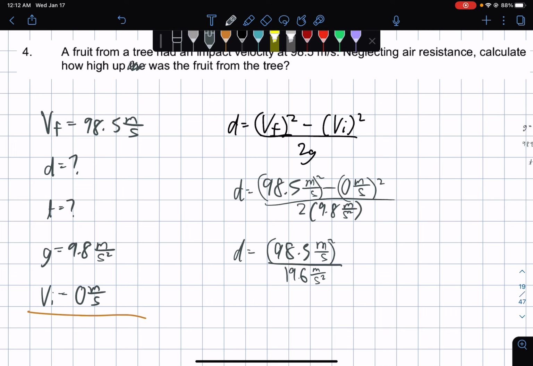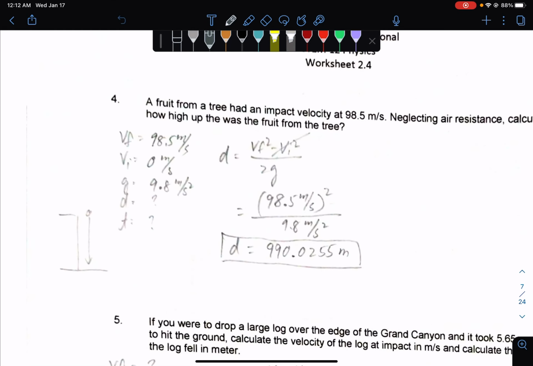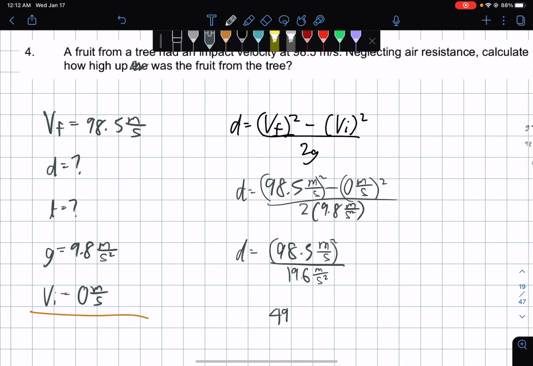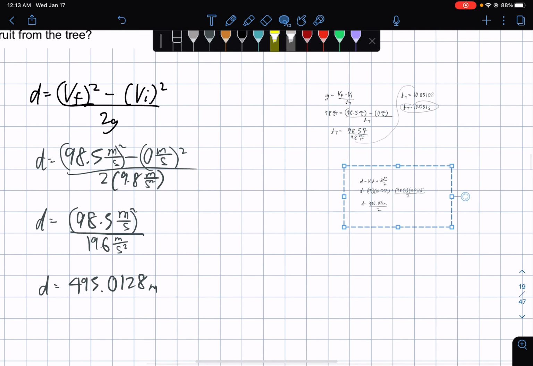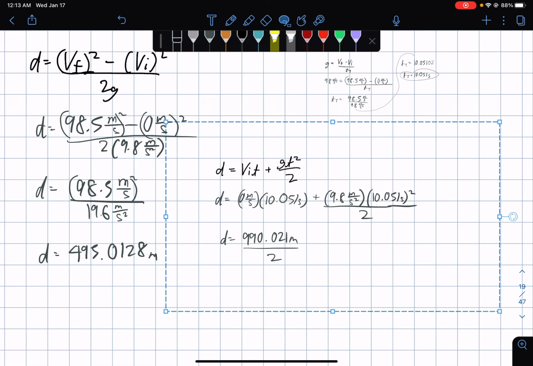Why did the calculator say 1? That's weird. Wait a minute. No. This is so weird. Yeah, the calculator just said that it's 495 meters. So that means this might be correct. Is there something wrong with the teacher solution? I think that's what's up.